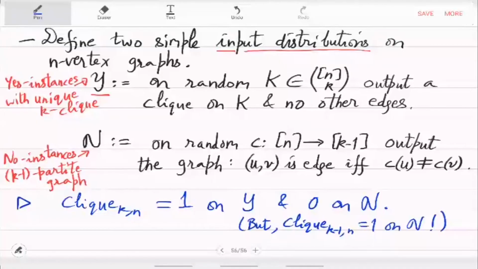So on most of the no instances, your clique indicator will say yes. Okay, so the answers will be wrong with high probability. This is what we want to show, which will mean that you need many clique indicators even to work correctly on yes and no distributions as defined here.